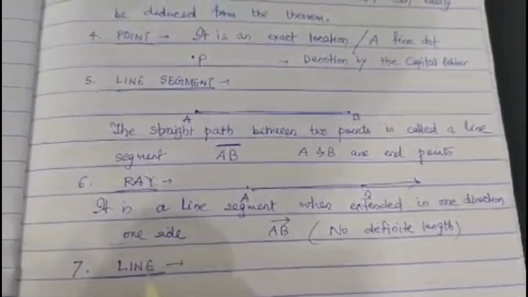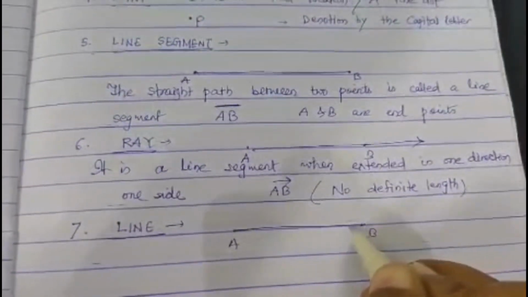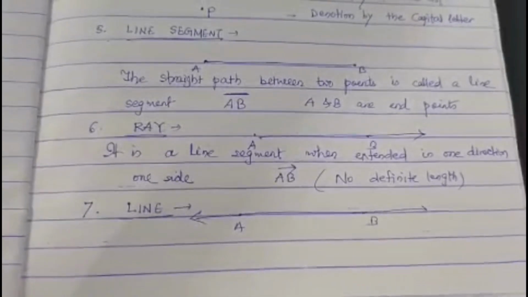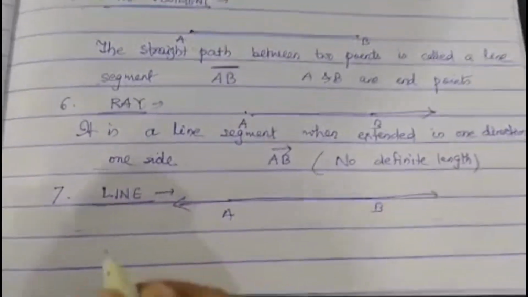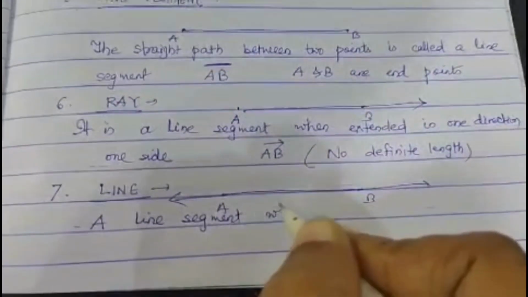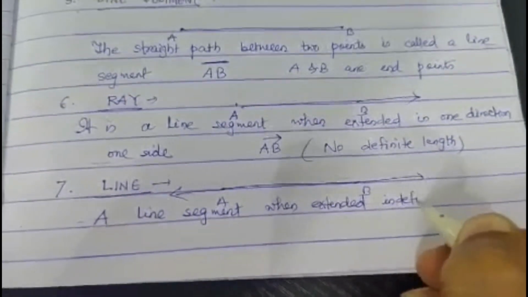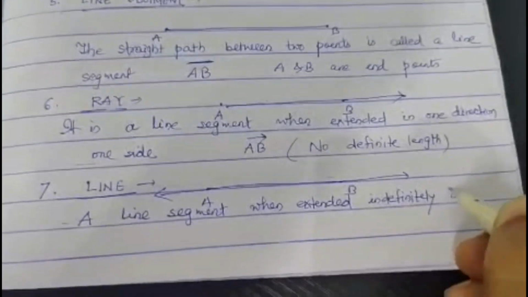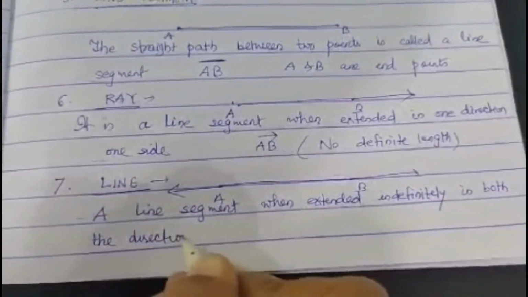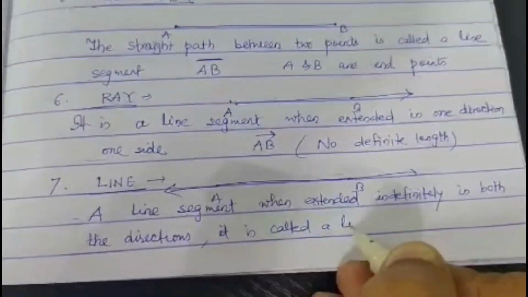When a line segment, like this line segment AB, is extended in both the directions, a line segment when extended indefinitely in both the directions is called a line.